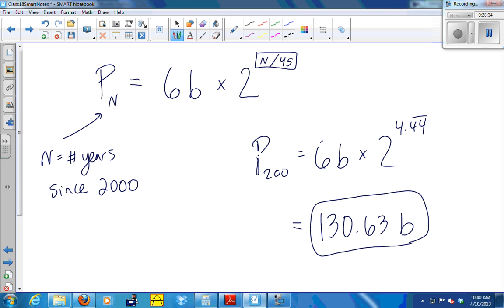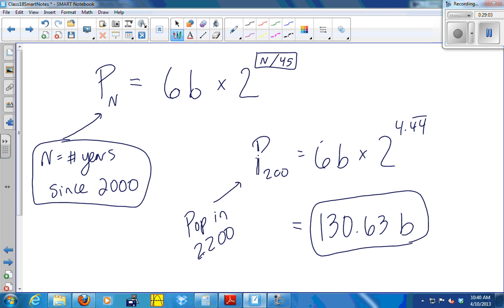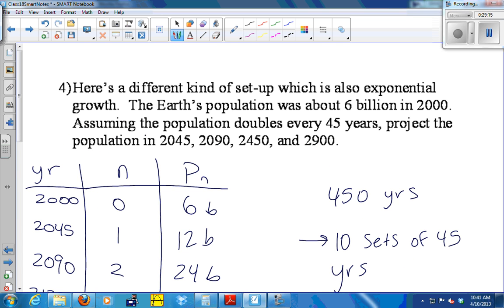I'm confused because you mean in the year 2200. Yep. Why does it say P 200 then? It's a subscript. It's just assuming you know that the starting number is 2000. I redefined n here. N now represents the number of years since the year 2000. You defined n as the number of sets of 45, and I did too earlier, when I made this table.